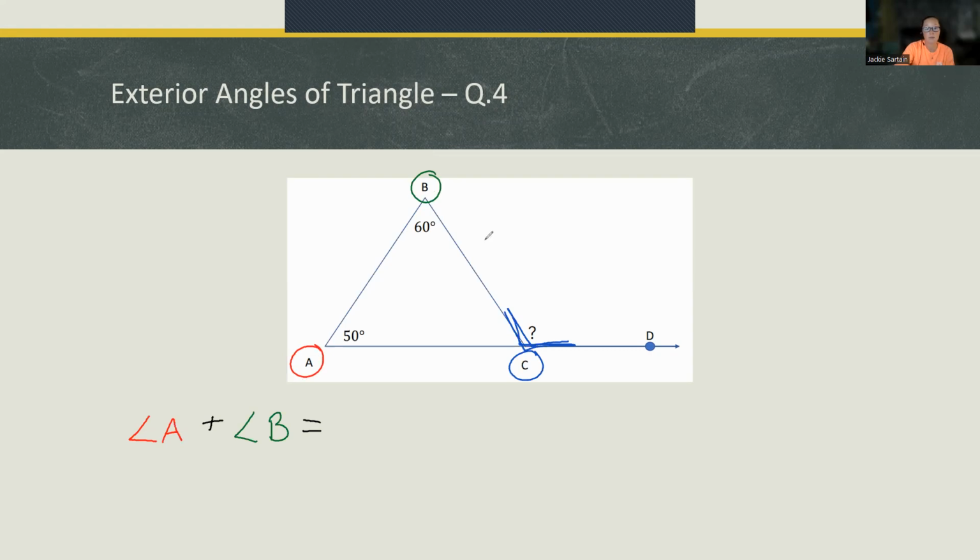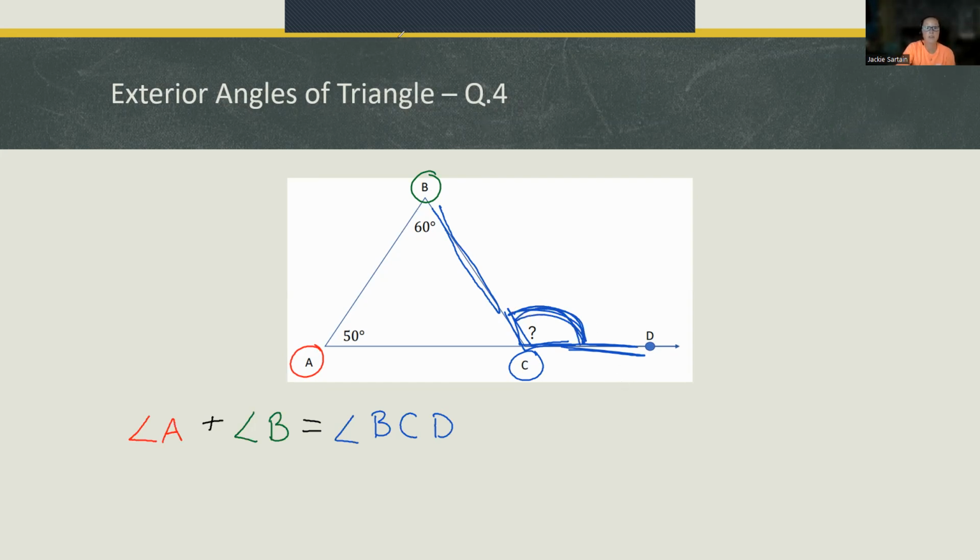So really that's BCD. We know which angle measurement here because it goes between those lines. So angle measurement A plus B equals that exterior angle here.